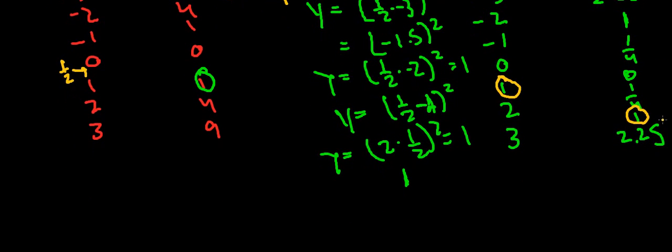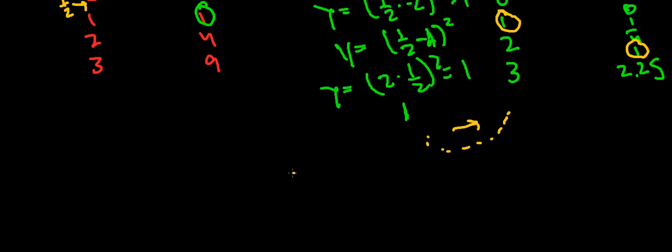From a horizontal point of view, it would actually be a stretching, because if it takes longer for the y values to increase, then it means it's stretching sideways. If they increased faster, then it would squeeze it sideways. So the opposite is true when the number we're multiplying by is larger.